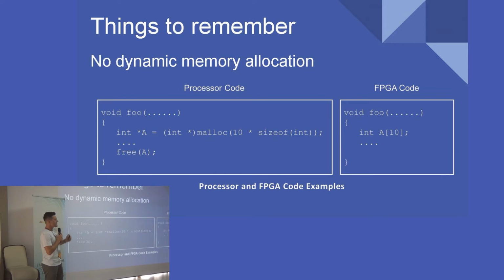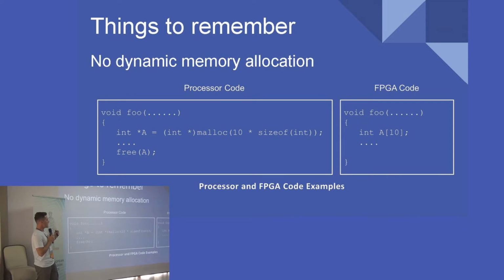But there is also no such thing as dynamic memory allocation at all. So you cannot use std::vector. You cannot use the new operator. You cannot delete or allocate memory. You can only end up with static memory. That's all.